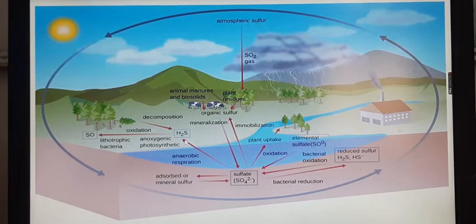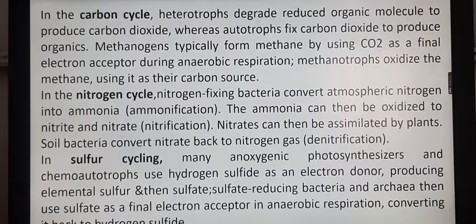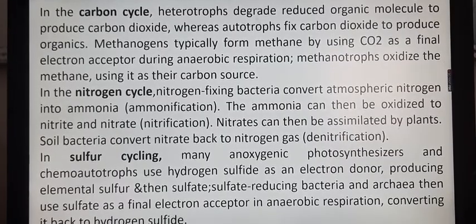Then plants decompose, animals also decompose, and by the process of mineralization it is returned back into the sulfate form, or by bacterial reduction it is returned back into the environment. So here is the description of the cycles I have given.